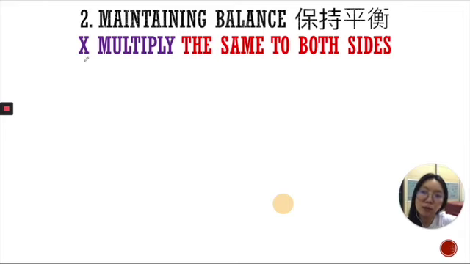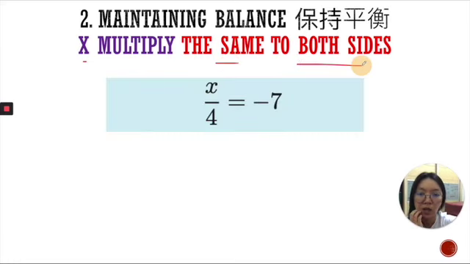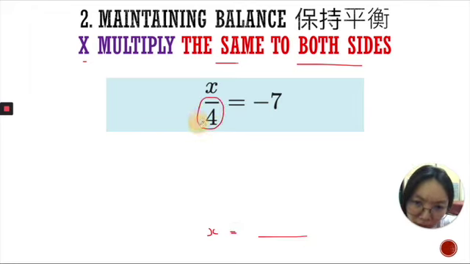Next, using multiply, also the same on both sides. I have x divided by 4 equals negative 7. Again, my objective is to find x equals a number. But there is a divide by 4 here.